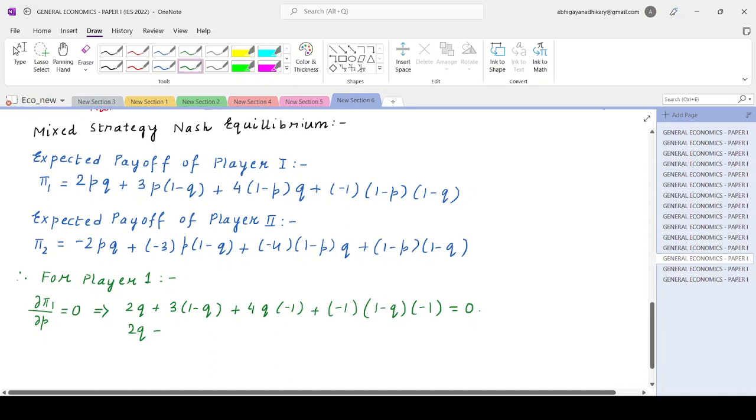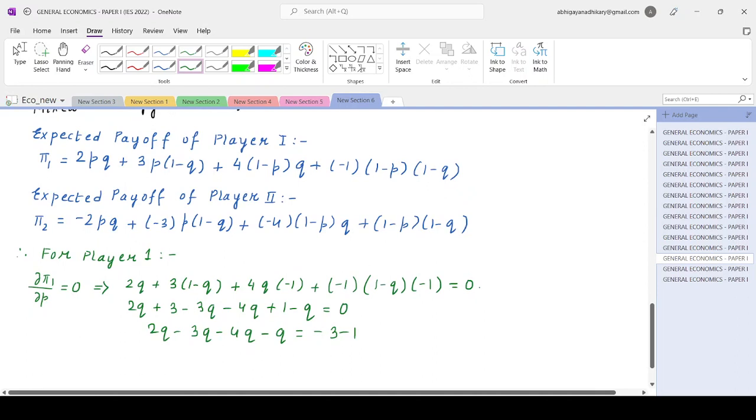So that will be 2q plus 3 minus 3q minus 4q plus 1 minus q is equal to 0. So 2q minus 3q minus 4q minus q is equal to minus 3 minus 1, that means minus 6q is equal to minus 4. So q star is equal to 4 by 6, which is 2 by 3.